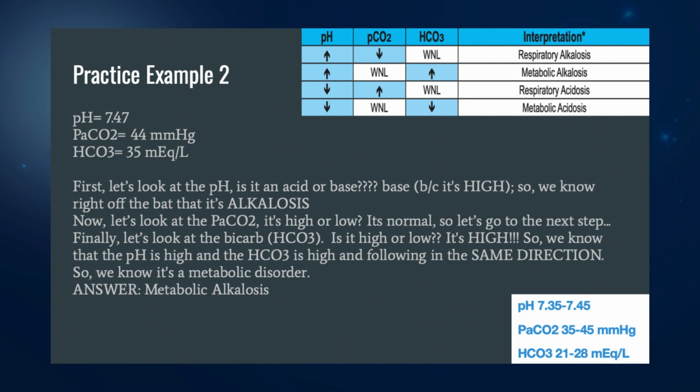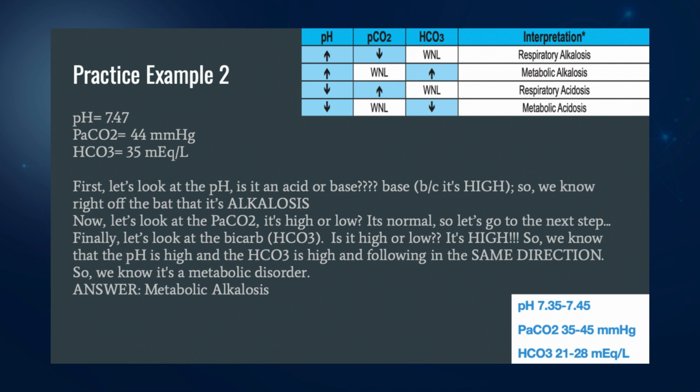And then, let's not forget our bicarb, and let's look at it before we make a conclusion. It's 35, so we can see that it is high. And as you can see in the second row, when the pH is high and the bicarb is high, it is metabolic alkalosis.